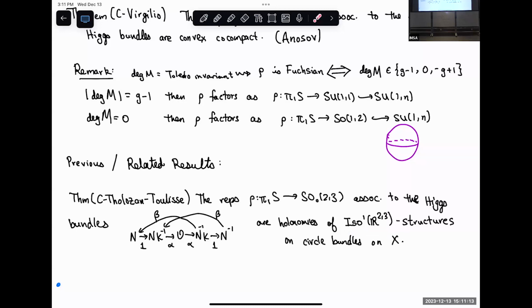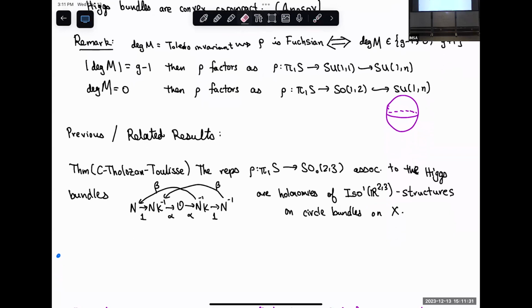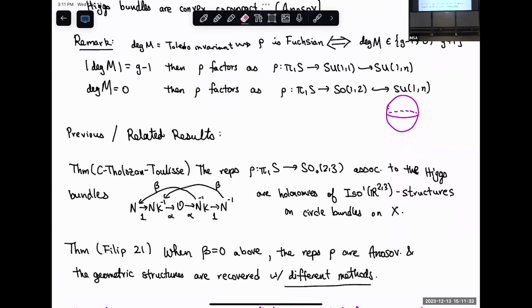But we had no idea if the representations had any of these nice geometric properties. We had no idea if these representations were Anosov. It was just that this trick works to construct them with these Higgs bundles too. And wouldn't it be great if we could understand them? Well, we couldn't, but somebody else did.